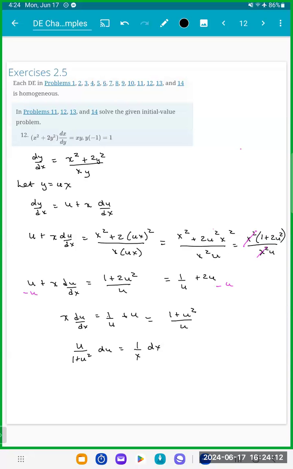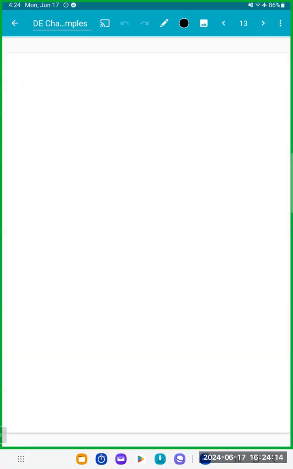Now let's get another clean sheet and let 1 plus u squared equal our t. So for this substitution, we have 2u du equals dt. Or that is du is equal to dt over 2u. Okay. We want to integrate both sides.